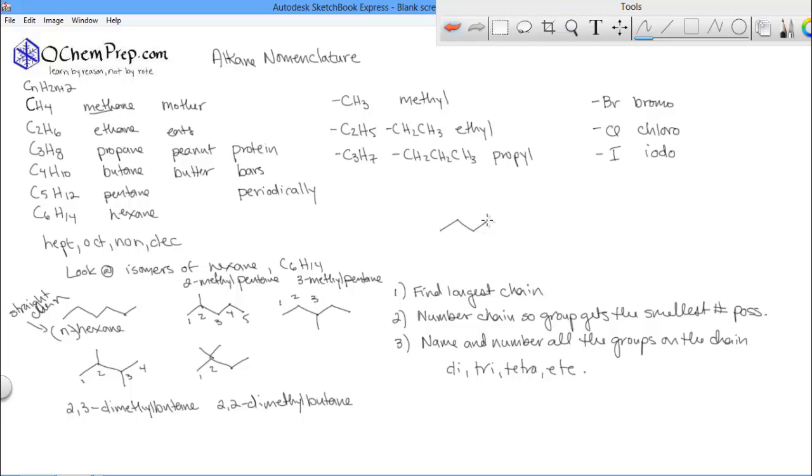So if we have this structure here, we would name this, I'm going to number it 1, 2, 3, 4, 5, 2-bromo, 4-methyl pentane.